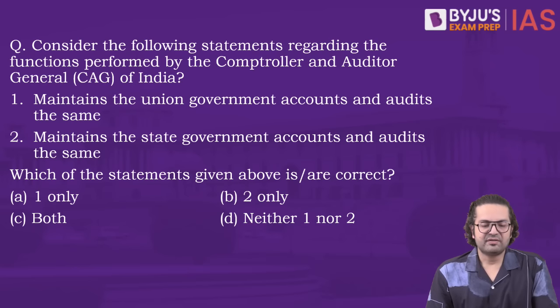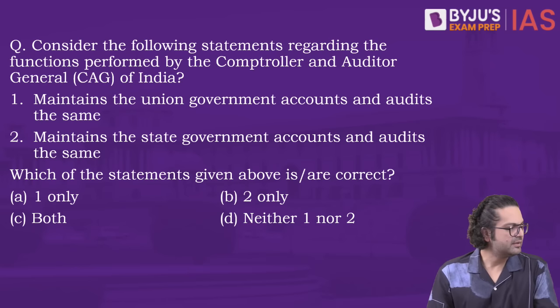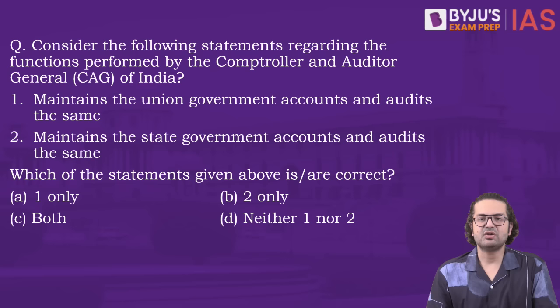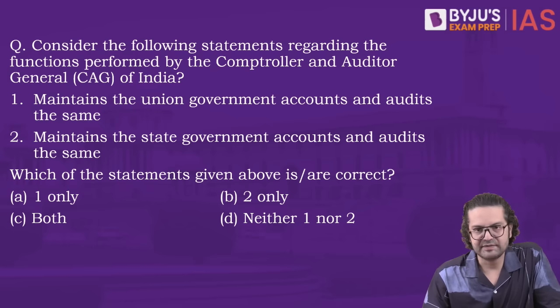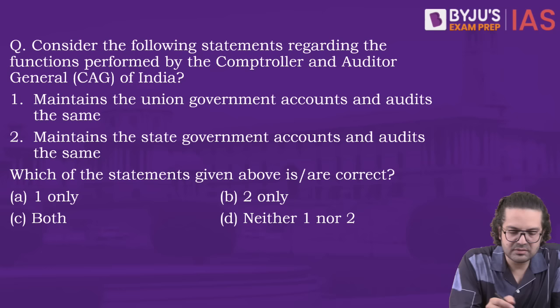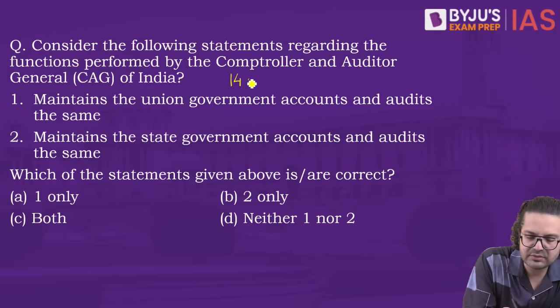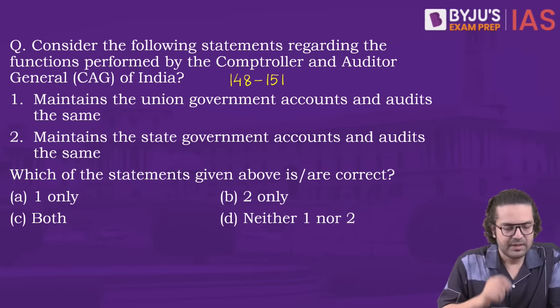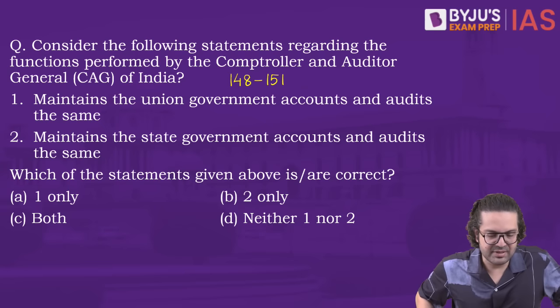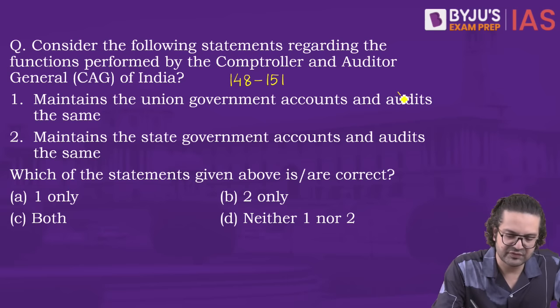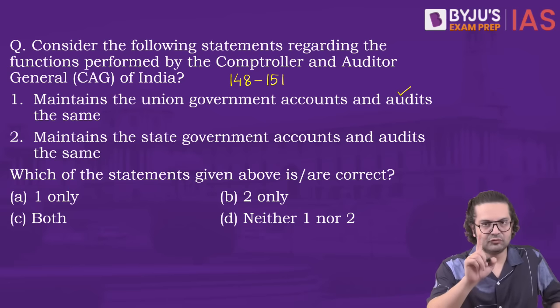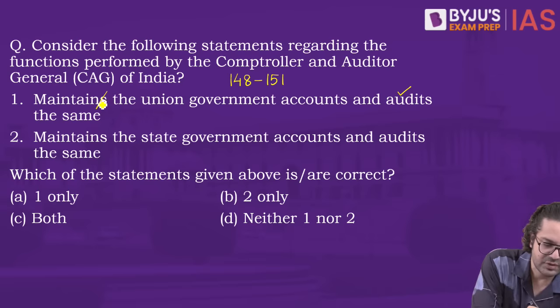Consider the following statements regarding the functions performed by the CAG, Comptroller and Auditor General of India. CAG, Articles 148 to 151, right? CAG maintains the union government accounts and audits the same. Yes, of course, CAG audits the accounts of central government, but CAG does not maintain the accounts.